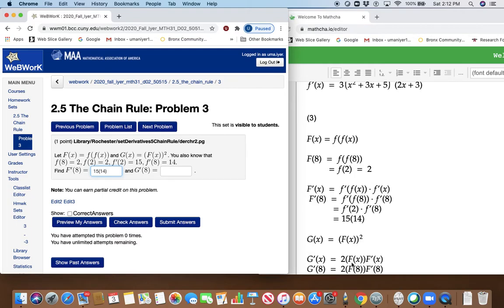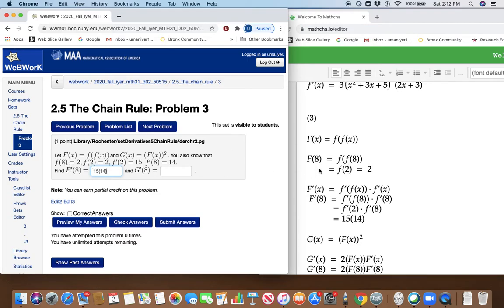Now what is F of 8, right? Plugging in 8, I have this. F of 8, they have not given. See, they have not given it for capital F. But what have they told us? Capital F is little f composed with itself. So F of 8 is f of f of 8. Little f of 8 is 2. So it is actually little f of 2.